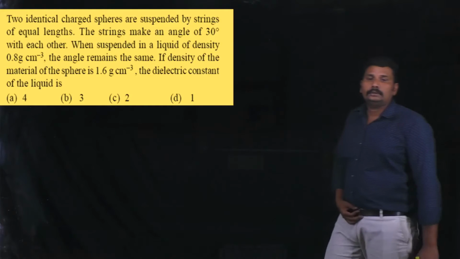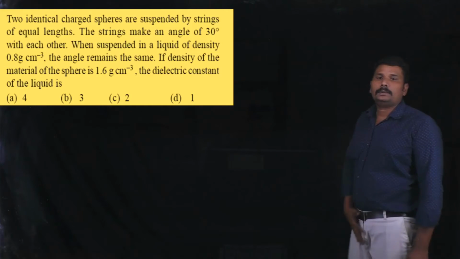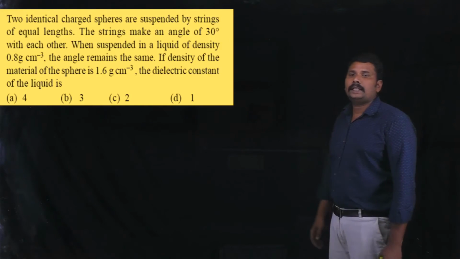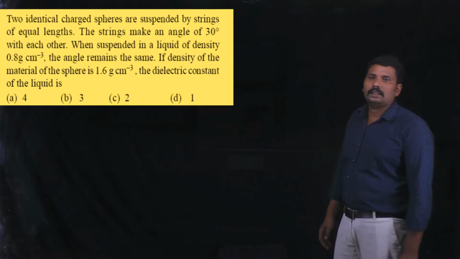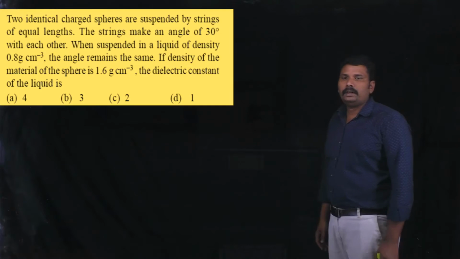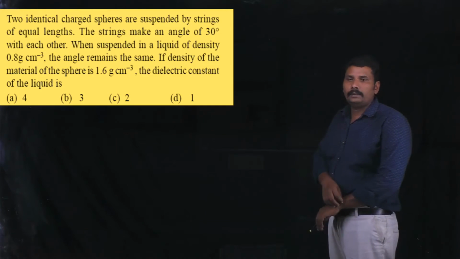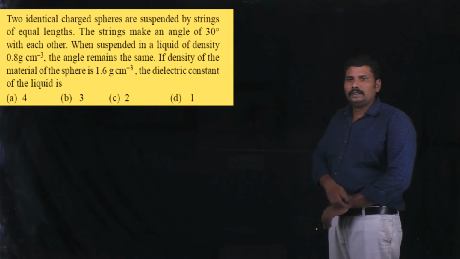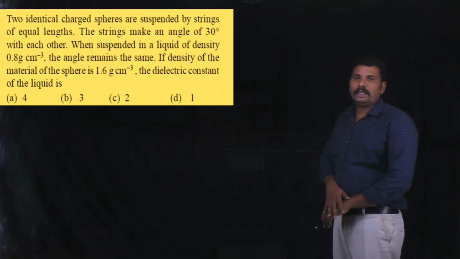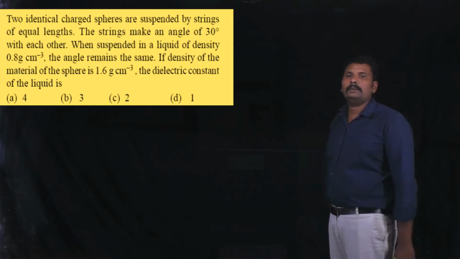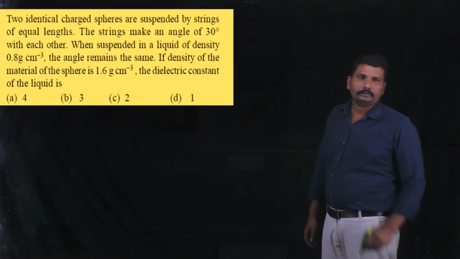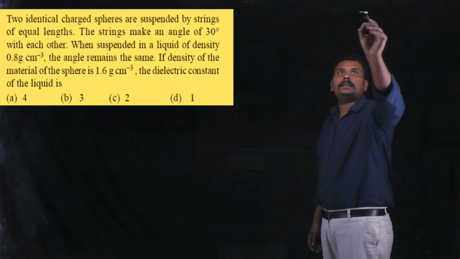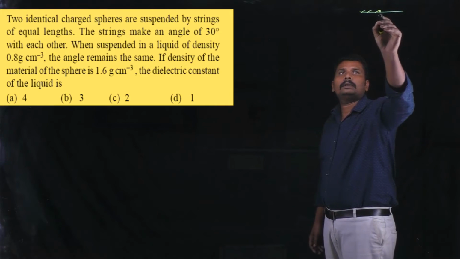Two identical charged spheres are suspended by strings of equal lengths. The strings make an angle of 30 degrees with each other when suspended in a liquid of density 0.8 gram per centimeter cube. The angle remains the same if the density of the material of the sphere is 1.6 gram per centimeter cube. The electric constant of the liquid is, here this is the rigid support.